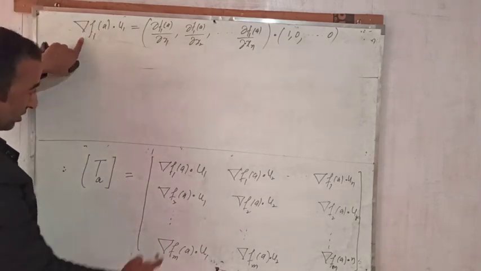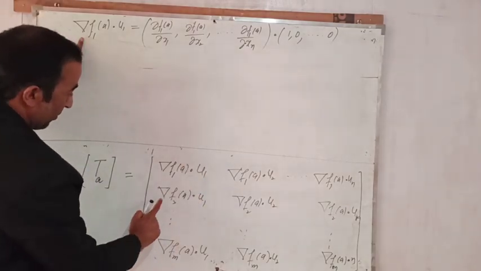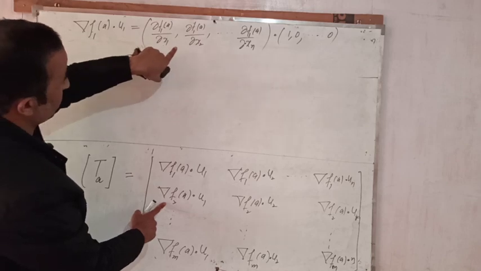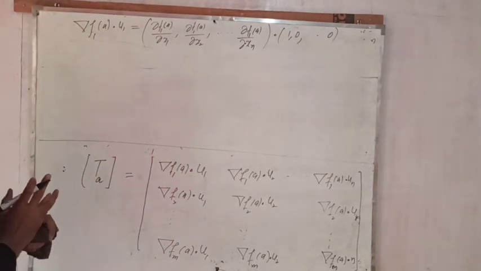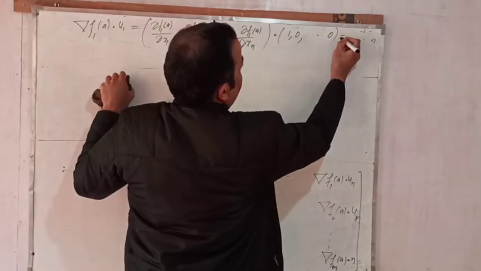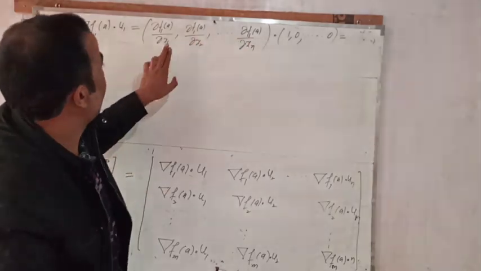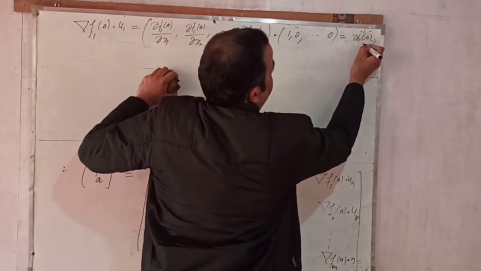Similarly, when we go for this one, let me go along the column first of all. When we go to this place, we have F2 everywhere. The remaining is the same. So what is the value of this one? When you take the dot, all others are 0, only the first will remain. That is delta of F1 at A by delta of x1.